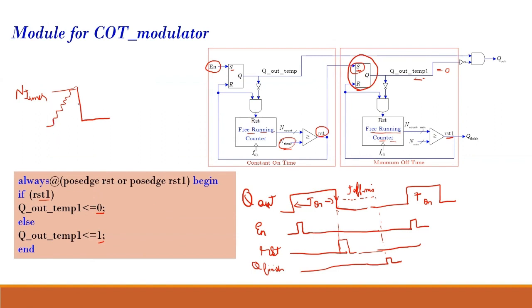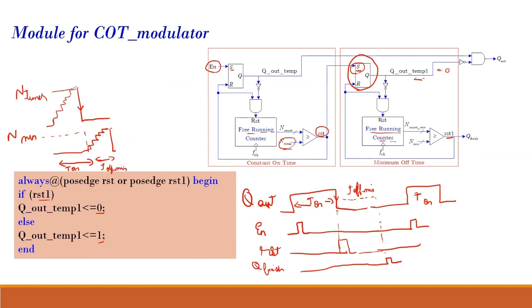Once this has gone low, then the enable signal comes over here, and then this timer will start counting until it reaches the value of n minimum. Once it reaches the value of n minimum, it will again go. So this time is my t on. This time is my t off minimum.